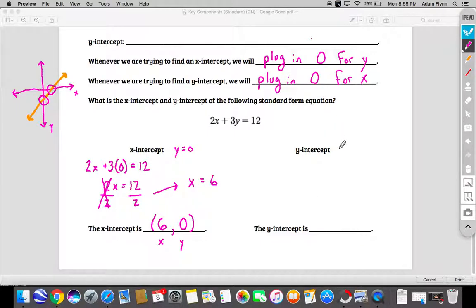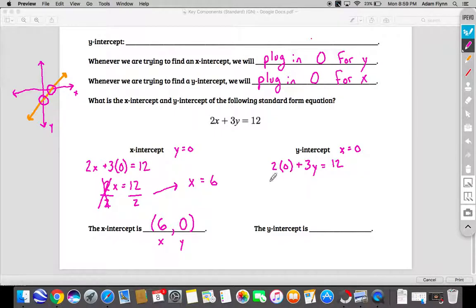Now let's find the y-intercept. So for the y-intercept, just a reminder, I'll set x equal to 0. So I have 2 times 0, which is very different from 20, plus 3y equals 12.